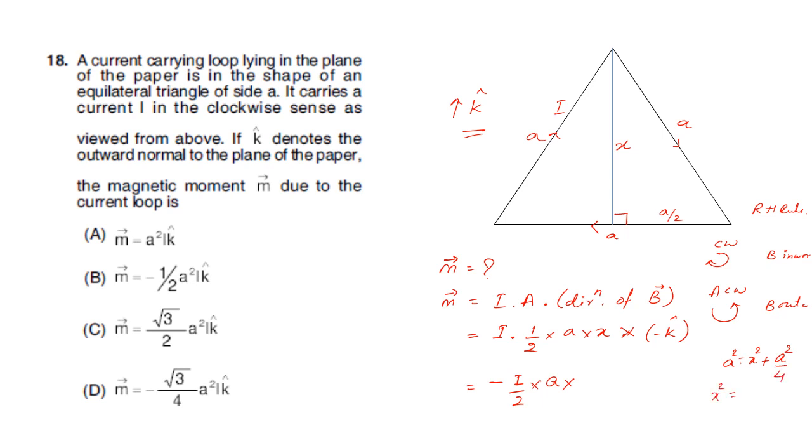Therefore x square is a square minus a square by 4, that is 3a square by 4. Therefore x is root 3 by 2 into a k. Therefore it is minus i into root 3 by 4 a square k. Therefore option D is correct.